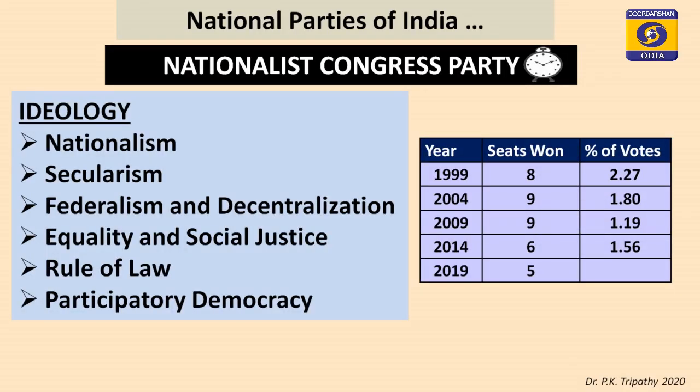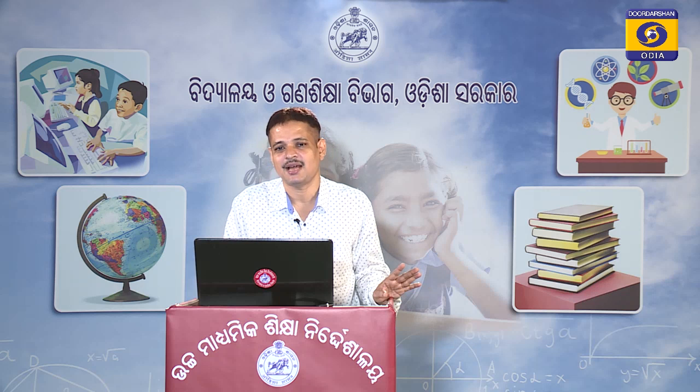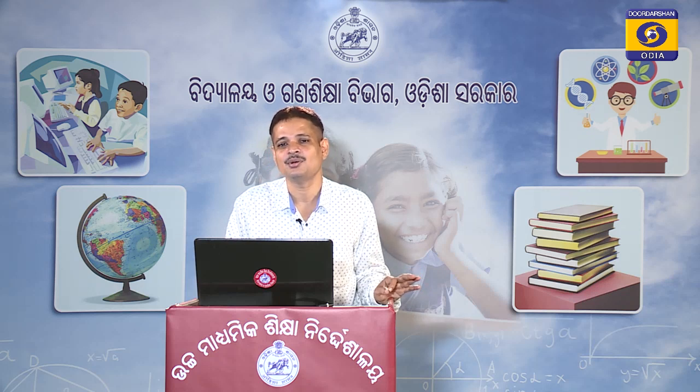they left the party and formed another party known as the Nationalist Congress Party. As with the Congress party, the Nationalist Congress Party believes in nationalism, secularism, federal state and decentralization, equality, social justice, rule of law and participatory democracy. So there is no difference between Congress ideology and NCP's ideology, except that NCP does not want a foreigner to lead a national party in India.